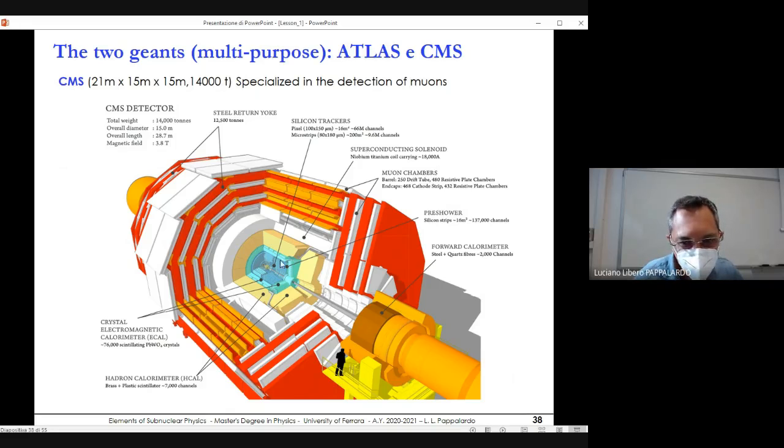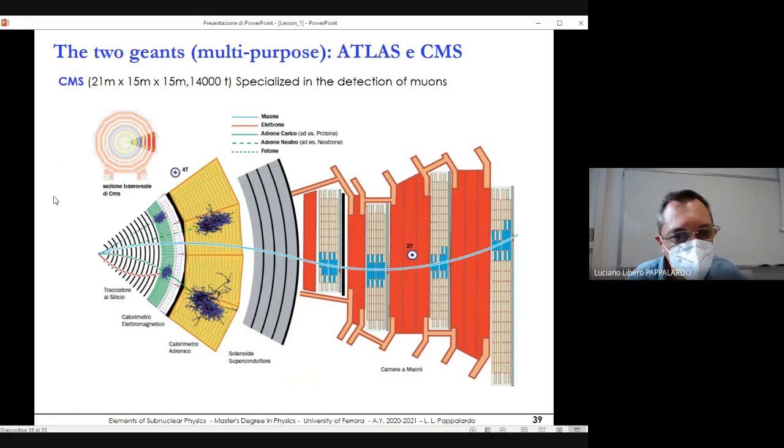The structure of the CMS detector you can already see here, but it is even more clear in this second slide. So again, we have the tracking system, which is made by a cylinder of silicon pixel detectors or strip detectors in the very inner part, so the collision occurs here. Then we have, for instance, electrons that leave the signal in the tracking and the electromagnetic calorimeter.